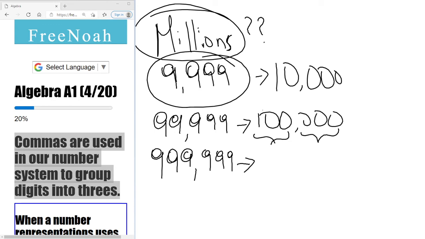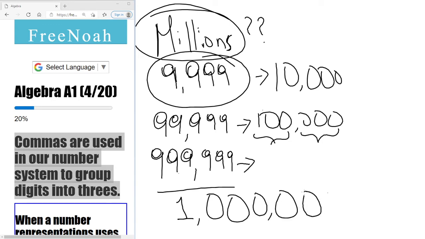We just add one to 999,999, and that'll give us 1 million. And notice that commas are used in our number system to group digits into threes.